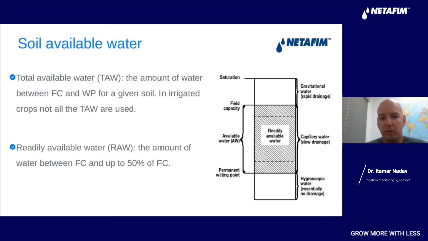So actually, we can define the readily available water, or RAW, which is the amount of water between field capacity and up to 50% of the way to wilting point, which is basically reducing the amount of water from the total available water. We don't want to come near the wilting point because it will be harmful for the plant, and I will explain about it.